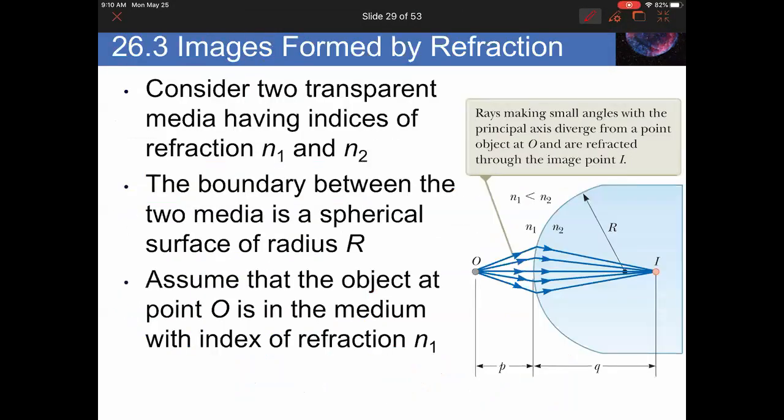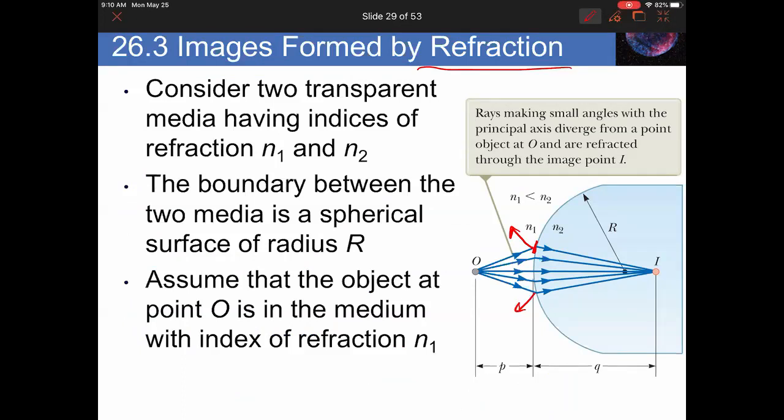All right, so next we're going to talk about images formed by refraction. We're going to consider objects that allow the light to propagate to the other side. That means we're talking about refraction now. Starting from this section and continuing in this chapter, when the light hits the surface of a material that allows the light to propagate, some of the light is reflected.